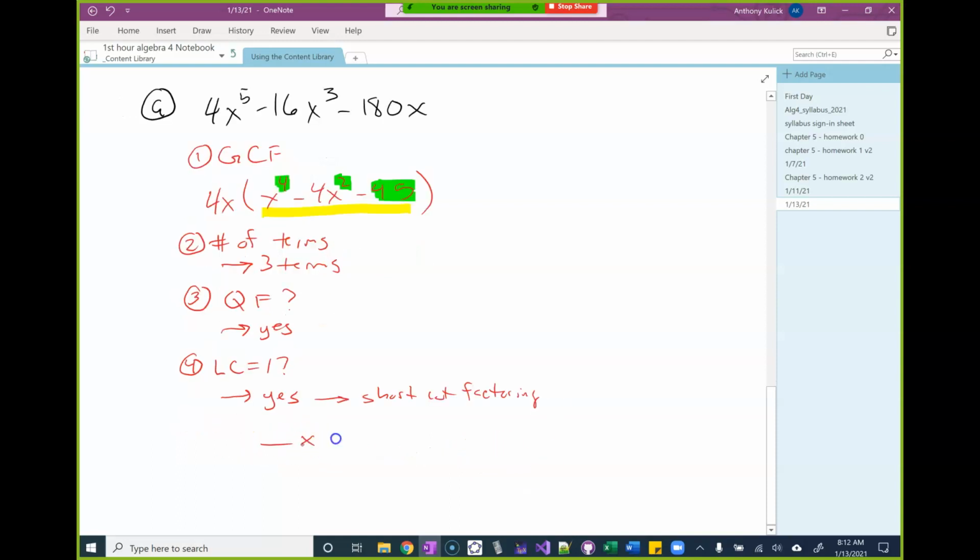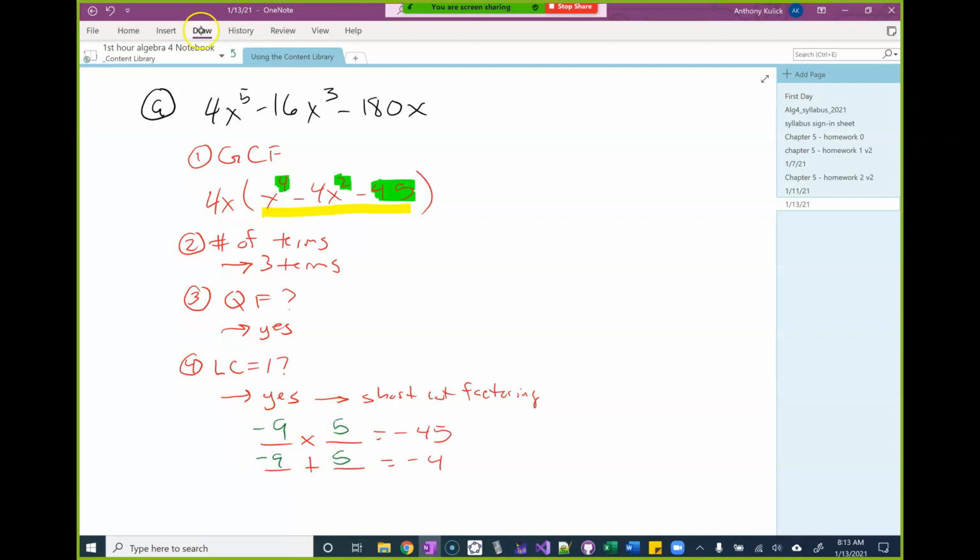So I just need the 2 numbers that multiply to give me negative 45, and then add to give me negative 4. Does anybody know what those 2 numbers are? Connor, you say yes? Negative 9 and positive 5. Excellent. Negative 9 and positive 5 is correct.